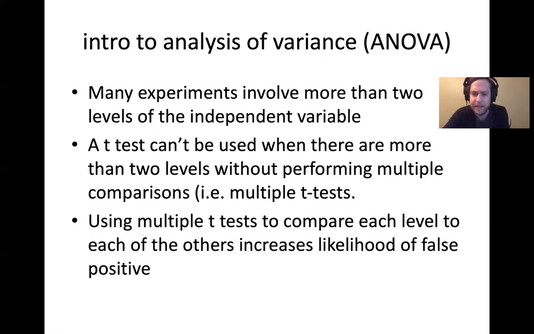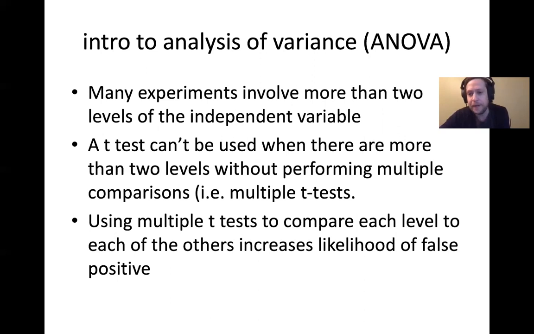If you do one t-test and choose alpha as 5%, then the likelihood of you getting a false positive, that is, there really isn't a significant effect, there's no real phenomenon there, but your statistical analysis says there is, is going to happen to you 1 in 20 times. That is 5% of the time. But that's just for one t-test. If you do three t-tests, then the likelihood of a false positive increases with each t-test that you perform.